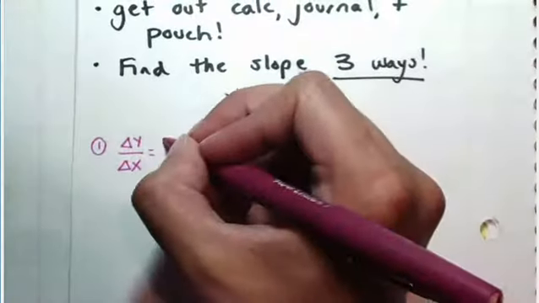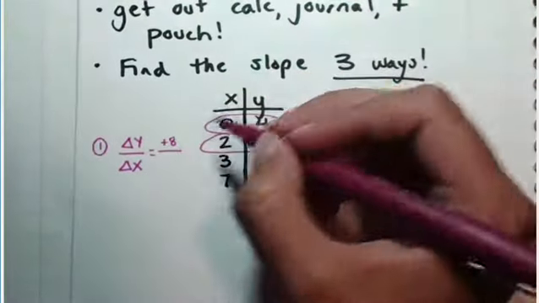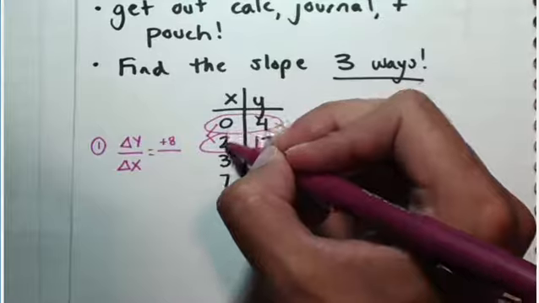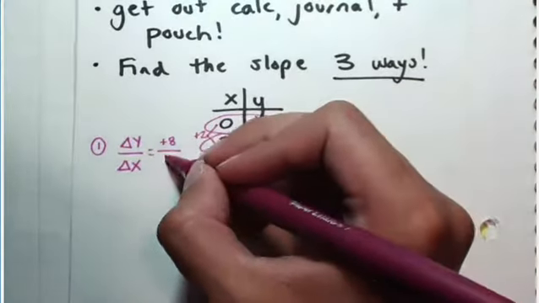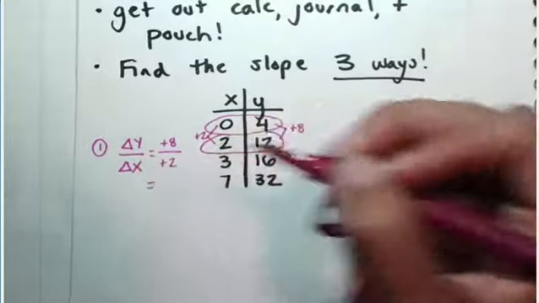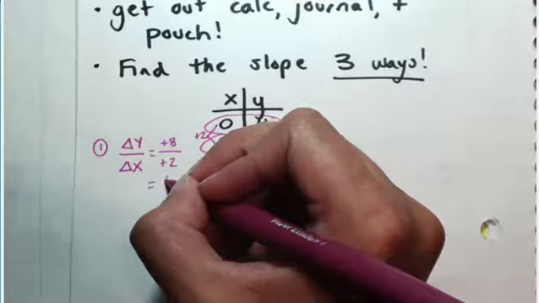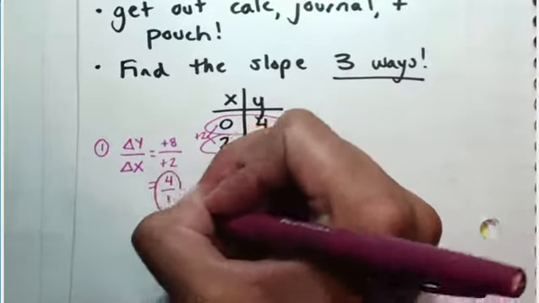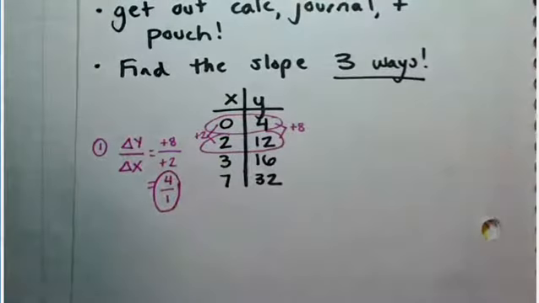That's the change of y. And the change of x, from 0 to 2, I went up 2. Which gives me the slope. 2 goes into 8 4 times, so it should be 4 over 1. So far my slope here is 4 over 1, using the change of y over change of x.